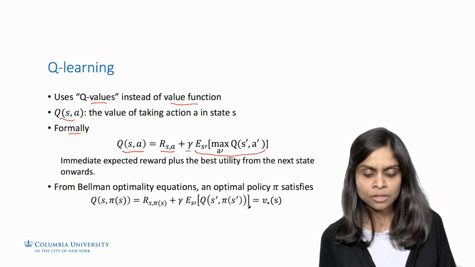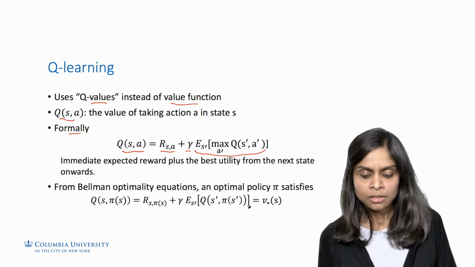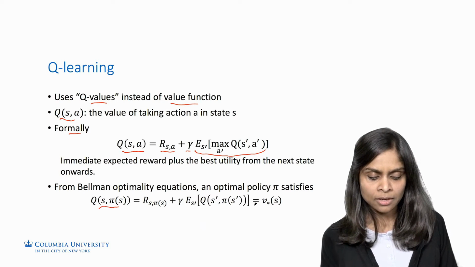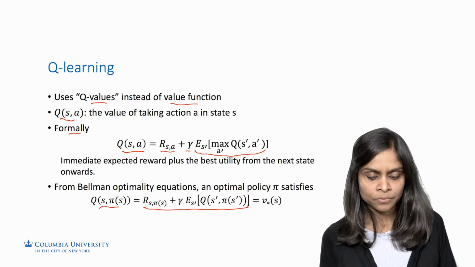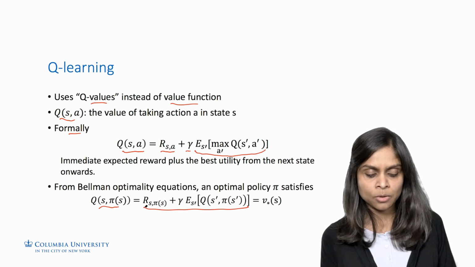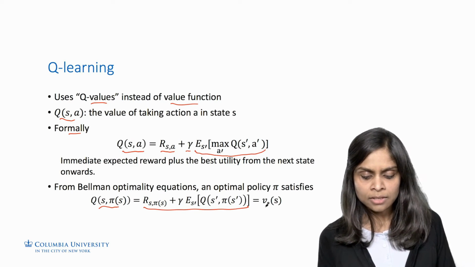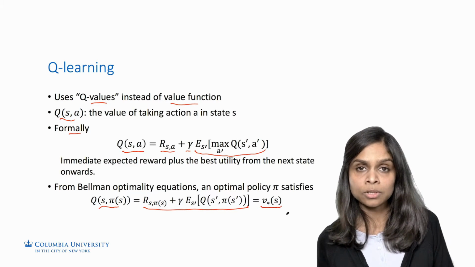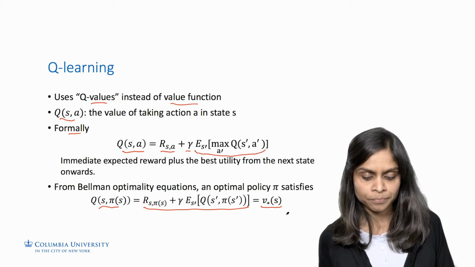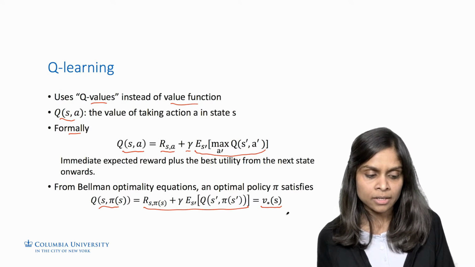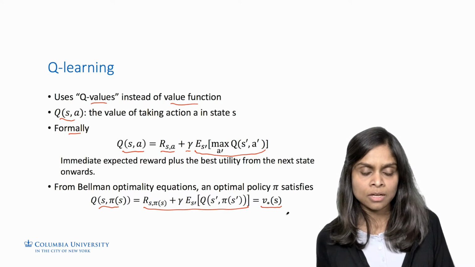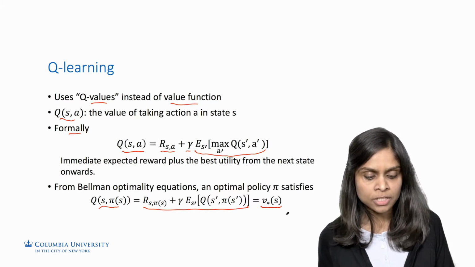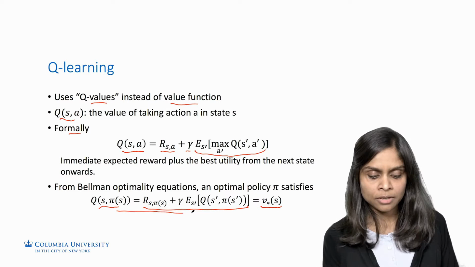From the Bellman optimality equation, you can observe that the Q value for the optimal policy pi will satisfy this recursive relation, that is, it will be a fixed point of this equation here, and the Q value for the optimal policy in every state will be equal to the optimal value function. The idea in Q-learning would be to use the observations obtained during the process in order to find a fixed point solution to this recursive equation.